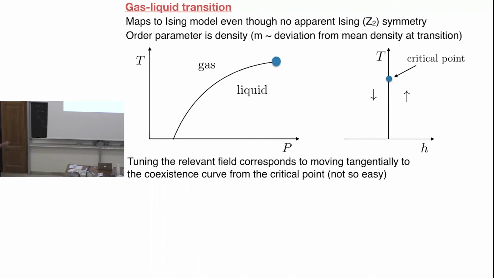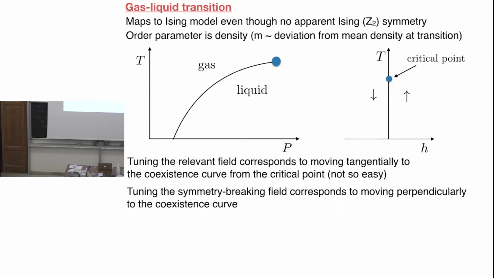But here, if you want to study the gas liquid transition, you know that you have the thermal and the H-like field, but to clearly separate them, you would have to really follow the coexistence line and go perpendicular to that line in some sense. But you don't know exactly where that curve is. So it's much more difficult to do it in practice.